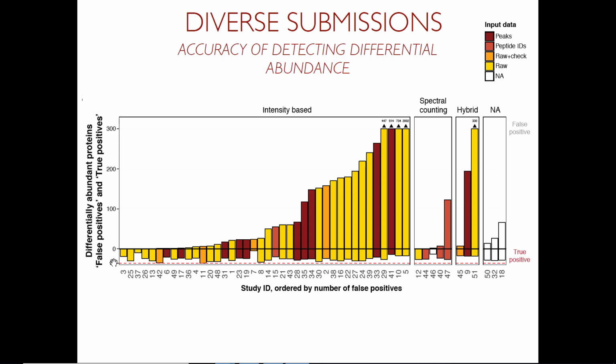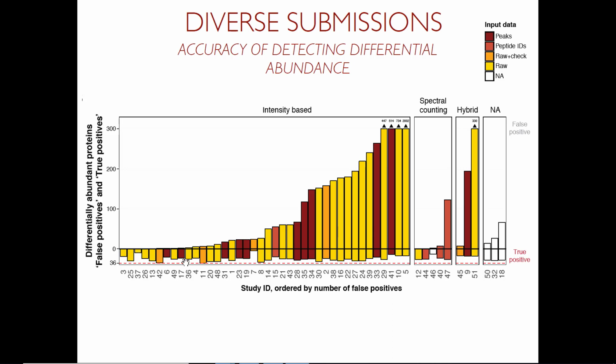We have 4 choose 2 possible pairwise comparisons between conditions. We know how many proteins we spiked in, so we know that the maximum number of true positive changes is 36. So below the horizontal line are the true positives reported by the participants, because we just cross-matched their submissions to what we know about these proteins. Most importantly, above the horizontal line, these are the false positives.